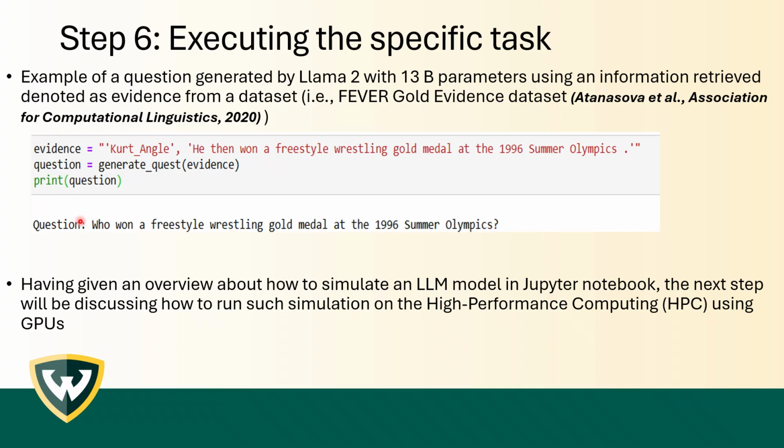And as we can see, Llama2 was able to generate a corresponding simple question based on the information provided. Having given an overview about how to simulate an LLM model in Jupyter Notebook, the next step will be discussing how to run such simulation on HPC using GPUs.